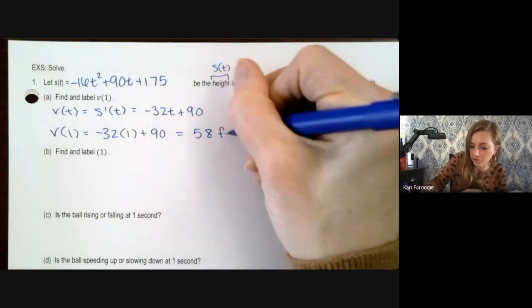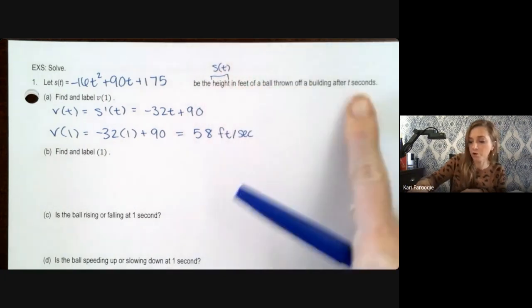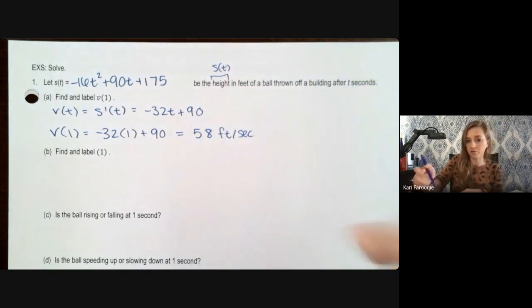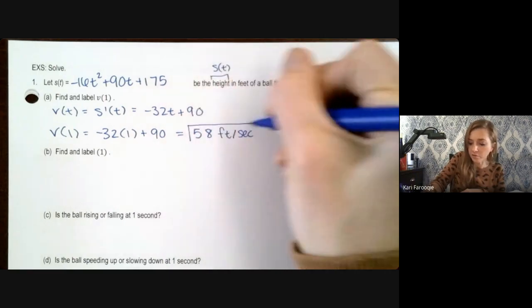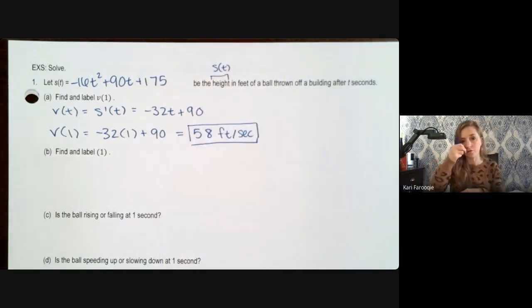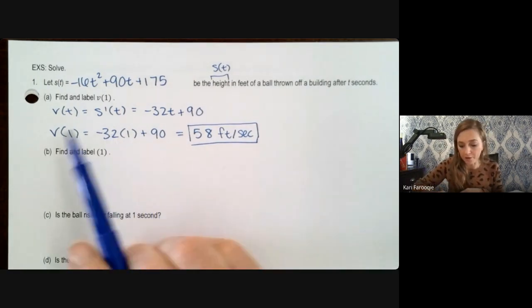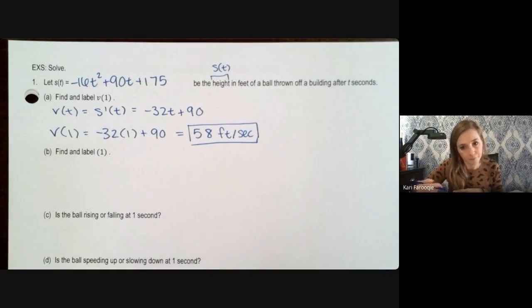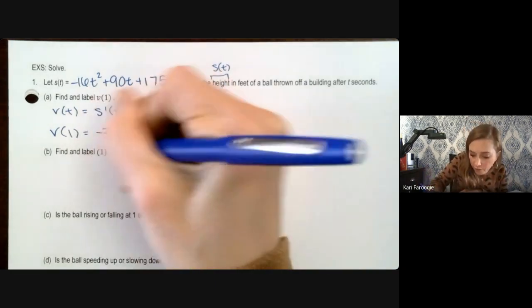So you can say that this is in feet per second, t seconds. So that's v of 1, 58 feet per second. Now, it's important to note, we'll talk about this in a minute, but our velocity is positive. So think back to what that means as far as the motion of the ball. Find and label a of 1. Oh, this should say a of 1.